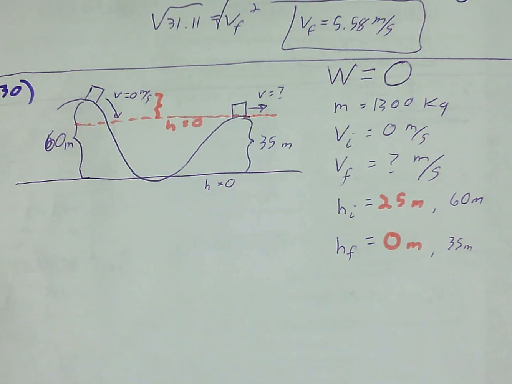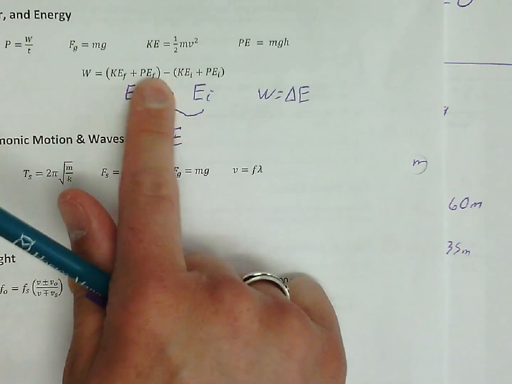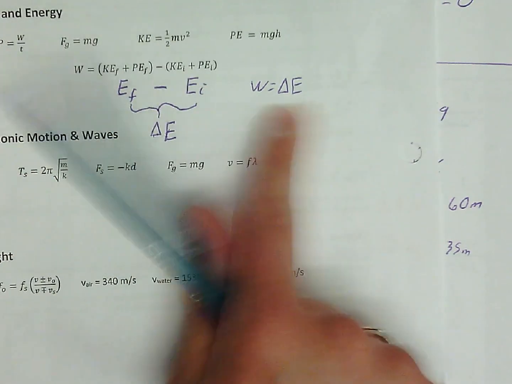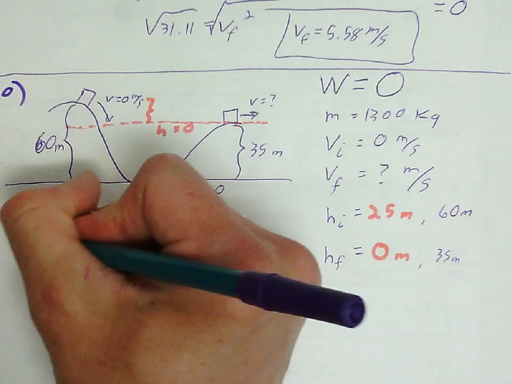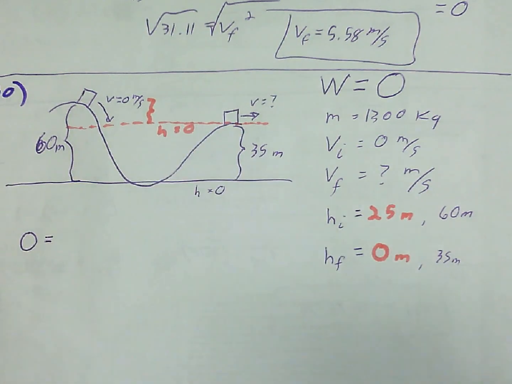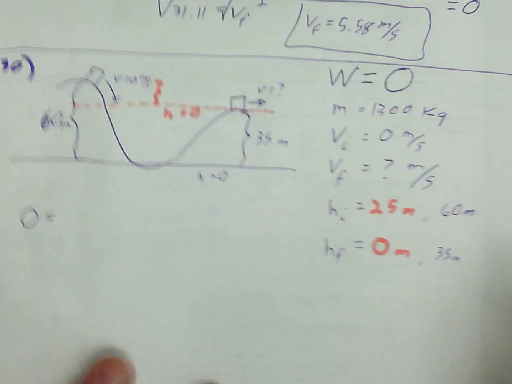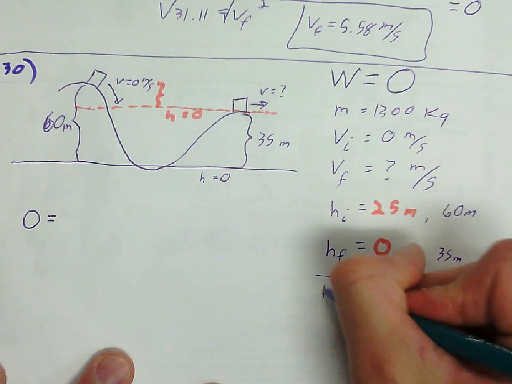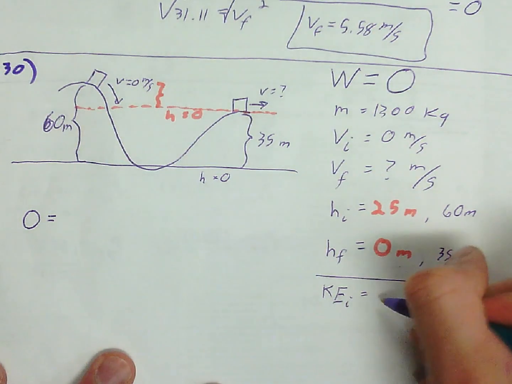Okay, so here we are. Work equals KF plus PF minus KI plus PI, so work equals delta E. I don't have any work, so that's 0. Now I need to plug in all these KE, PE terms. KE initial, that's my initial kinetic energy.